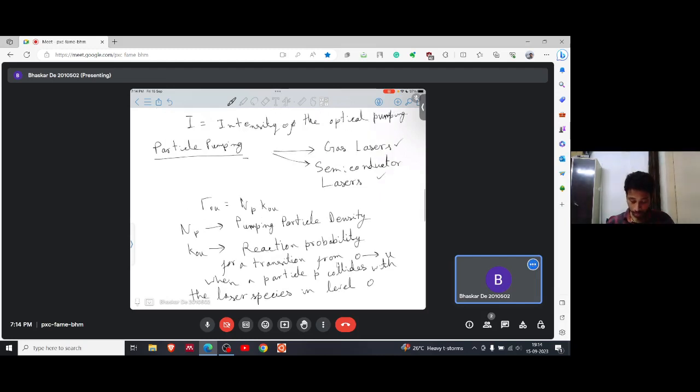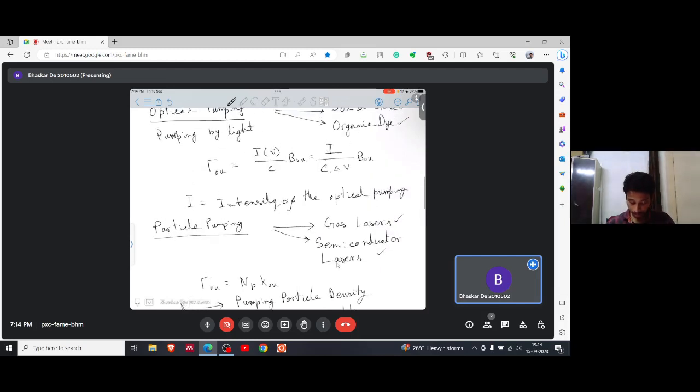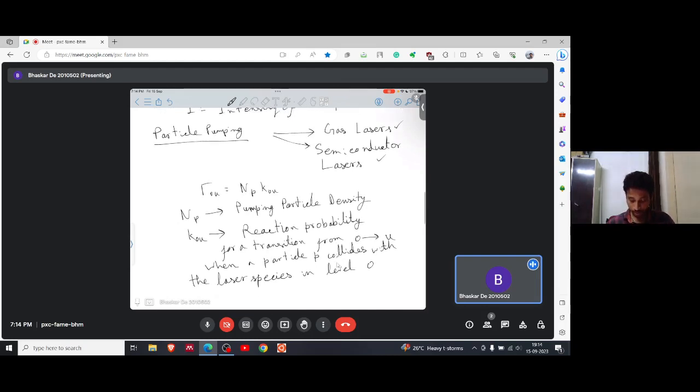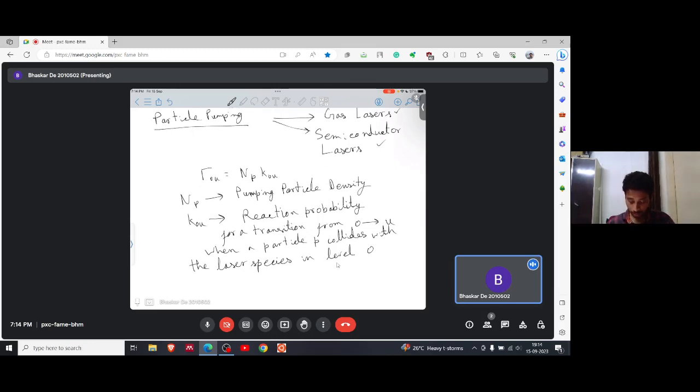So basically the definition is a little different. For particle pumping it is just NP K0U, where NP is the pumping particle density and K0U is the reaction probability for a transition from 0 to U state when a particle collides with the laser species in level 0.